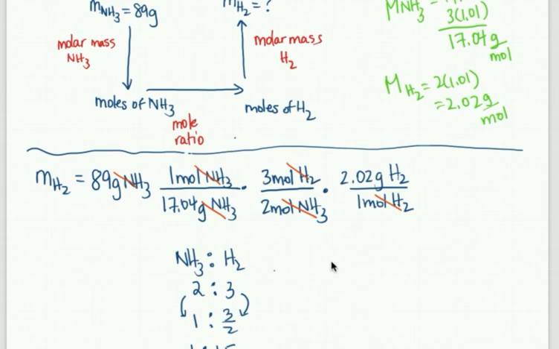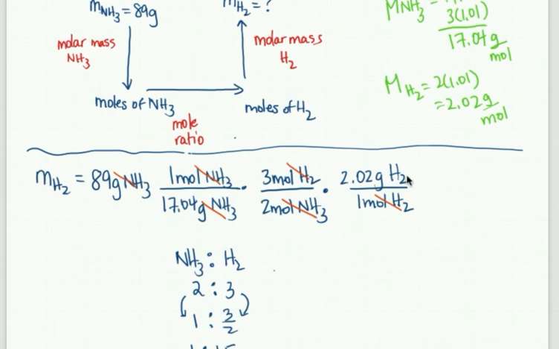But anyway, I know it's a little different from what you've seen before, but just keep looking at it, keep trying it, and then hopefully by the end of the unit, by the end of the semester, you'll be there, okay? All right, so again, you know you did this right because all of the units cancel out, and then you're left with grams, which is the unit for mass, okay?